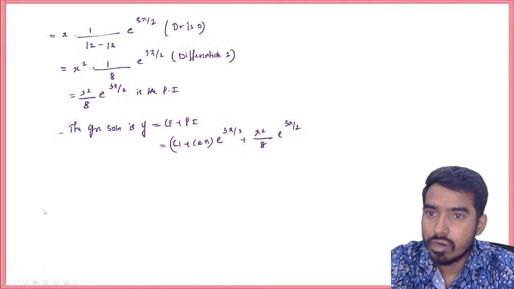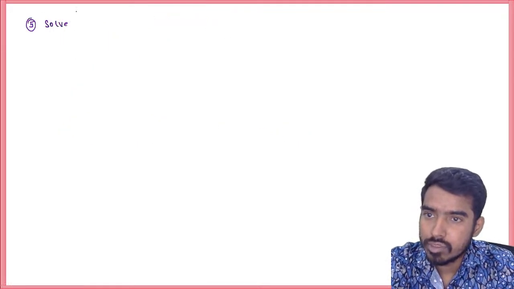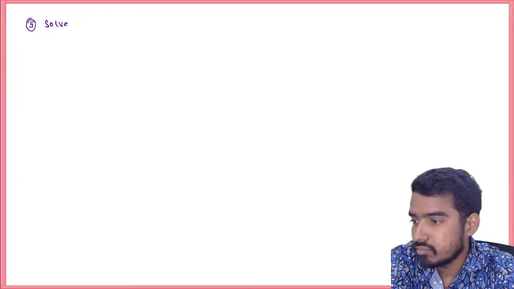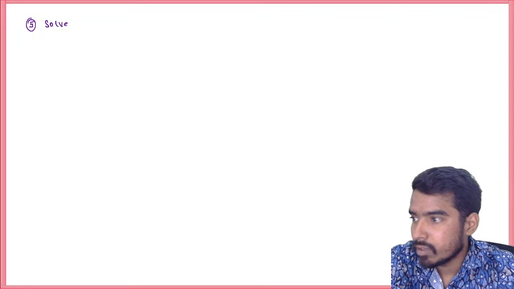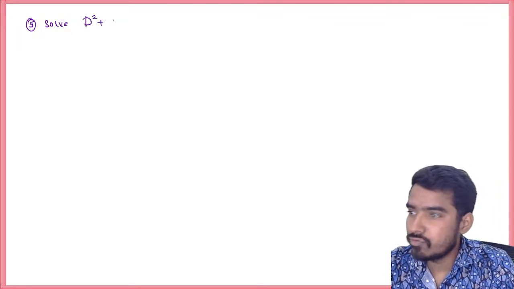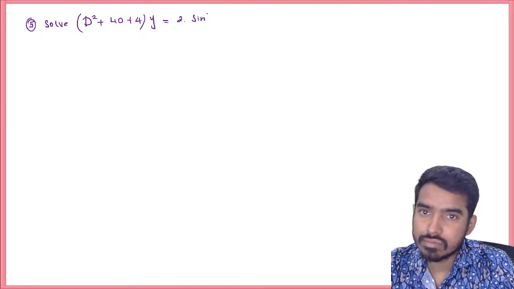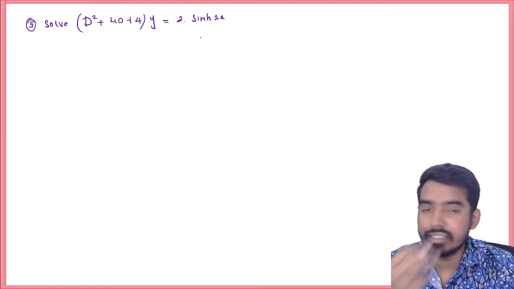Okay, on to the fifth problem. Solve (d square plus 4d plus 4) y is equal to 2 times sinh 2x, right?